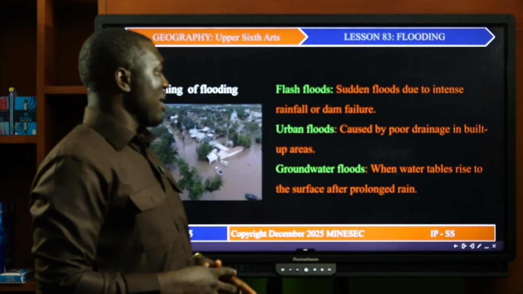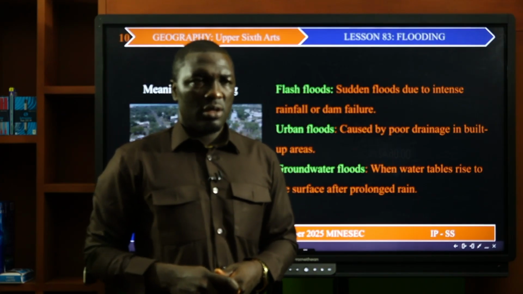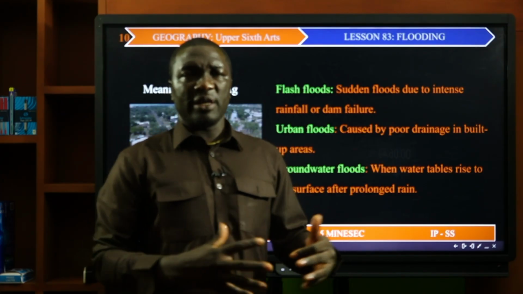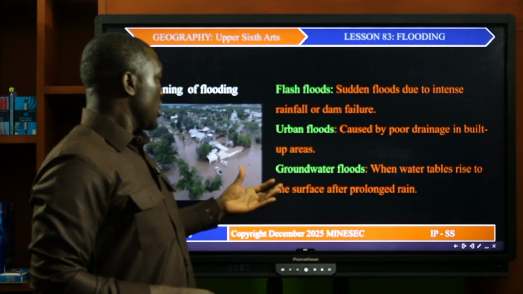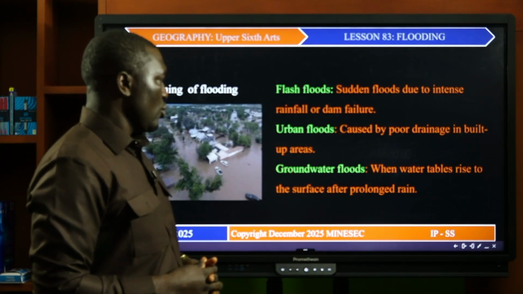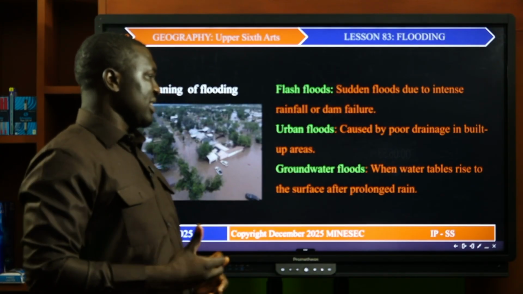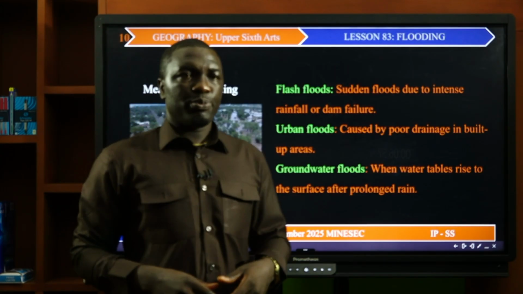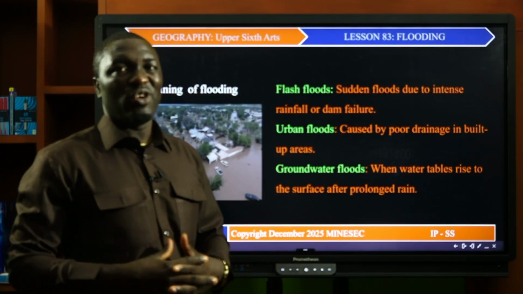Urban floods are caused by poor drainage in built-up areas where water faces difficulty flowing. Groundwater floods occur when the water table rises above the surface as a result of prolonged rainfall.